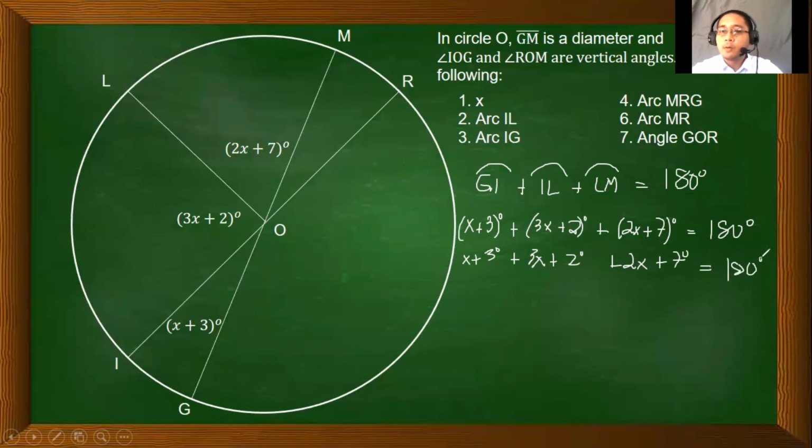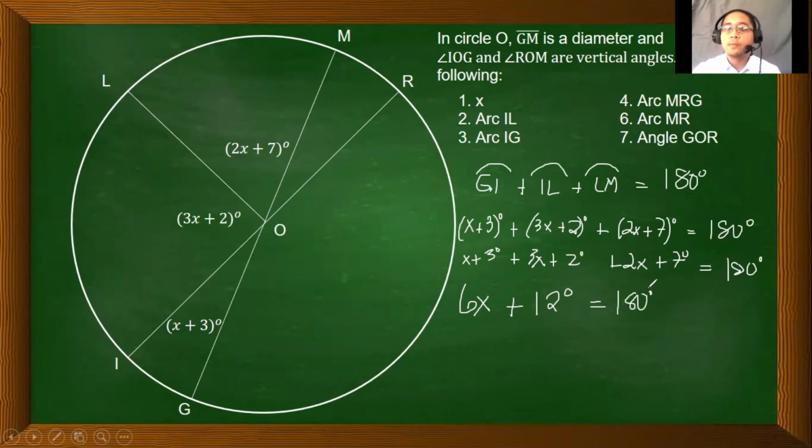Now, we'll only combine like terms, so x to x, degree to degree. So x plus 3x plus 2x results in 6x. 3 degrees plus 2 degrees plus 7 degrees is equivalent to 12 degrees. And that is equivalent to 180 degrees.